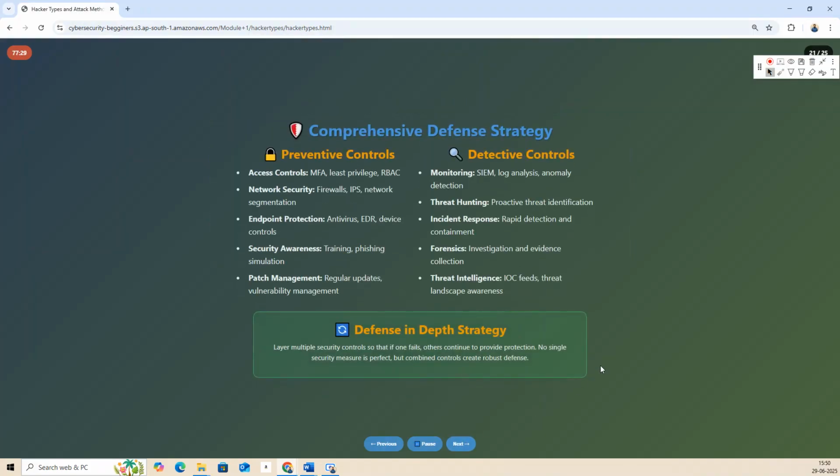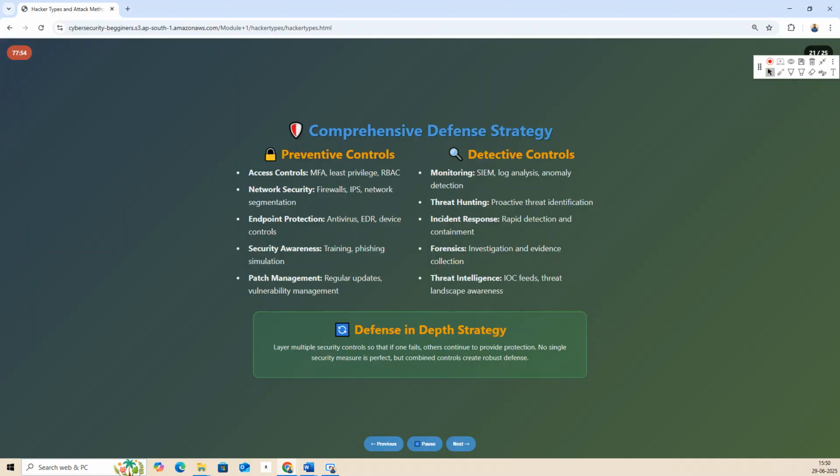Then comprehensive defense strategy: preventive controls and detective controls. What are the preventive controls you have to take? We have talked about access controls, MFA, RBAC, the principle of least privilege. Secure your network by implementing firewalls and IPS.